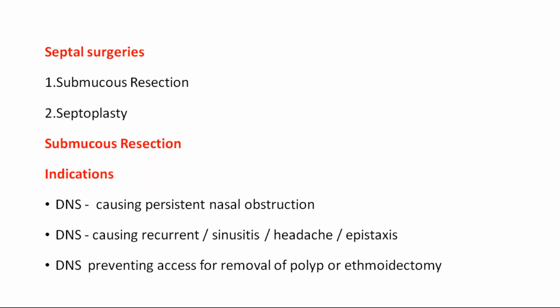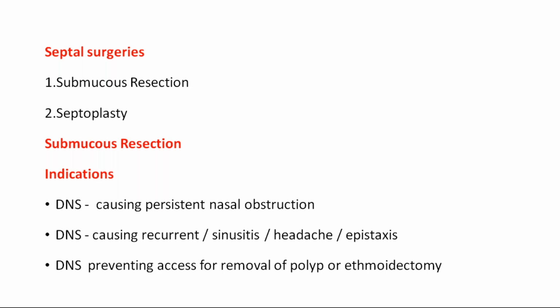Now, septoplasty can be combined with rhinoplasty to do a septorhinoplasty. You cannot do a combination of submucosal resection with rhinoplasty. Revision septoplasty is much easier than a revision submucosal resection, because in septoplasty you have retained most of the cartilage, but in submucosal resection you have removed it.